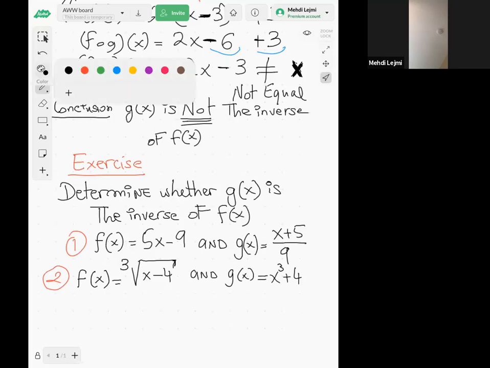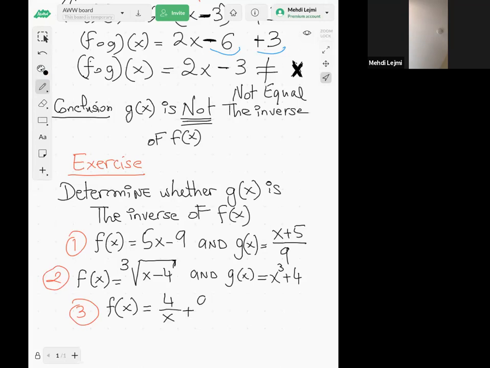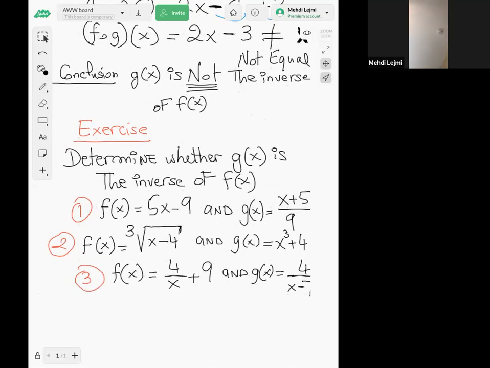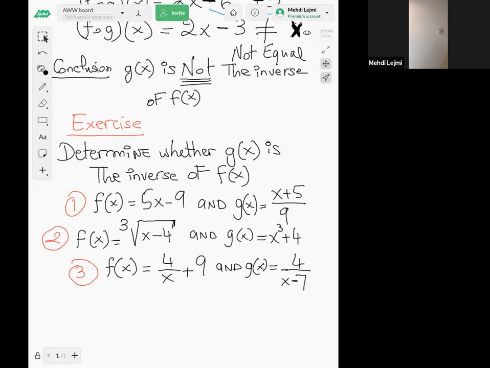Number 3, let's say f of x is 4 over x plus 9, and g of x is 4 over x minus 7. So please, determine whether g is the inverse of f.